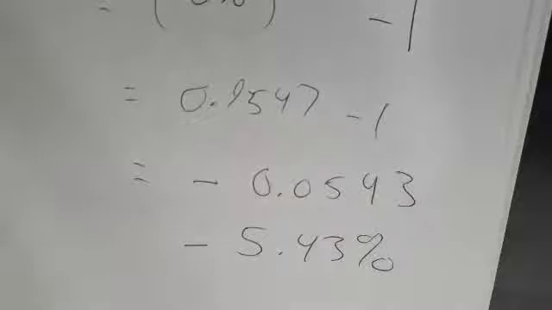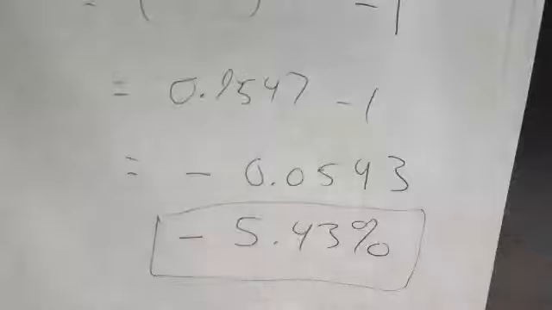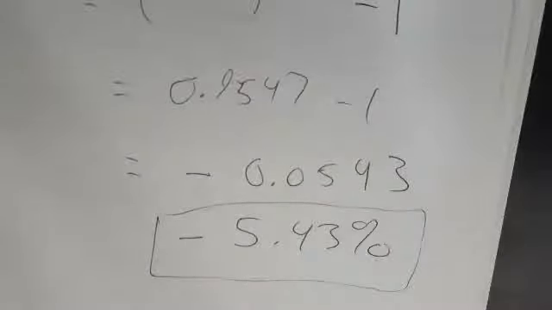And this is my annual return. What this is telling me is that each year it's going down by about 4.53%. So it's important to put the negative in there to indicate that this thing is going down. The purpose of this problem is to make you realize that your total return and your annual return do not have to be positive numbers. You could lose money, and if you lose money, it should be negative.